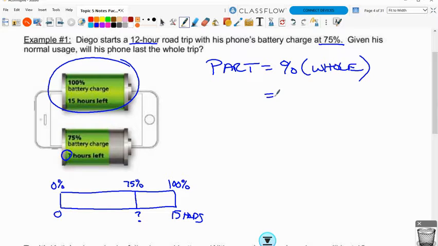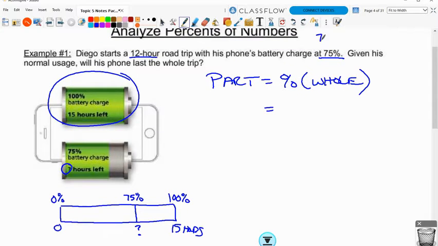When we use the percent equation, we need to change the percentage into a decimal. 75% as a decimal, well, you have to move the decimal point back twice to the left. So that's going to give us a decimal of 75 hundredths. So I'm going to replace my percentage there with 75 hundredths.